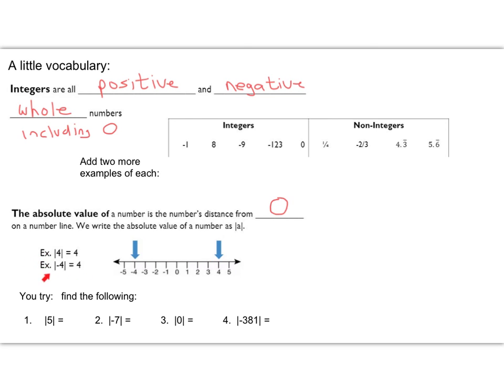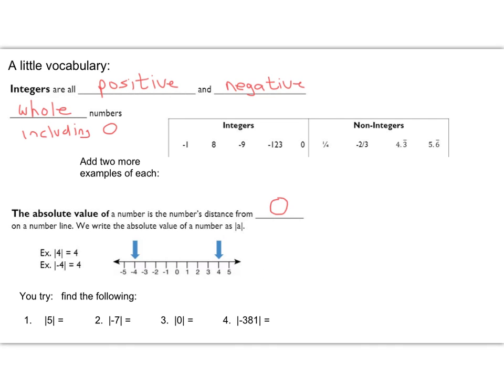So here we have an example: the absolute value of 4 is 4. Well, that seems kind of weird, but what's the distance between 4 and 0? Well, it's 1, 2, 3, 4. So the absolute value of 4 is 4. But then if you look at the absolute value of -4, it's also 4. That should make sense, because what's the distance from -4 to 0? It's 1, 2, 3, 4.